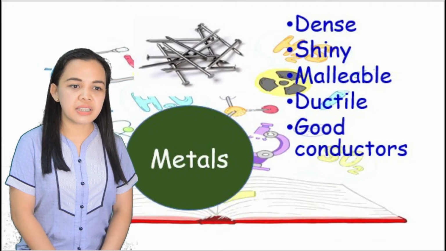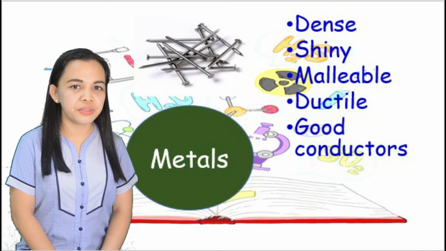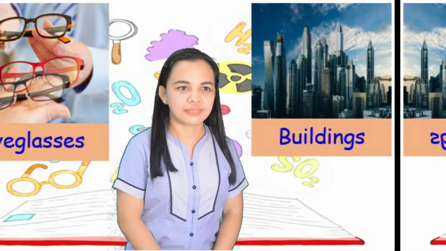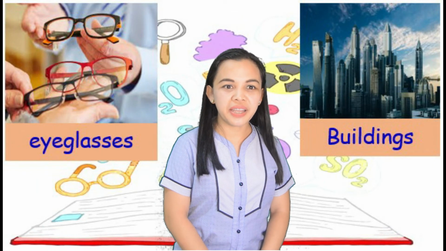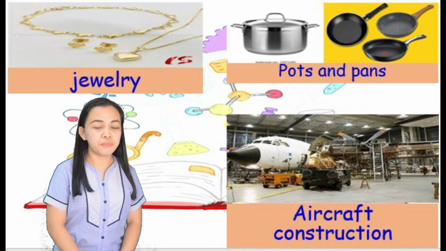Metals are dense, shiny, malleable, ductile, and good conductors of heat and electricity. These properties of metals make them suitable for various kinds of objects. They can be made into eyeglasses or high-rise buildings. Examples of metals like aluminum and iron, which have high melting points, are good for making pots and pans.